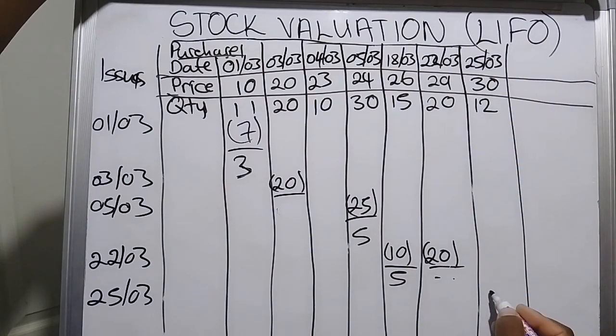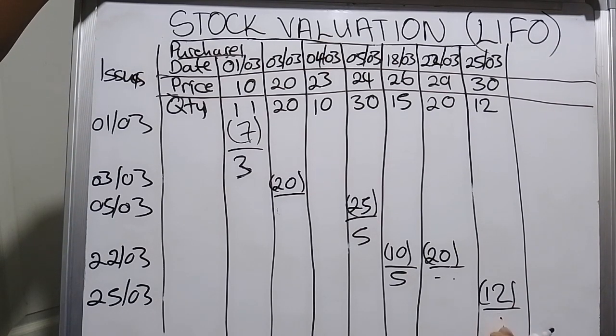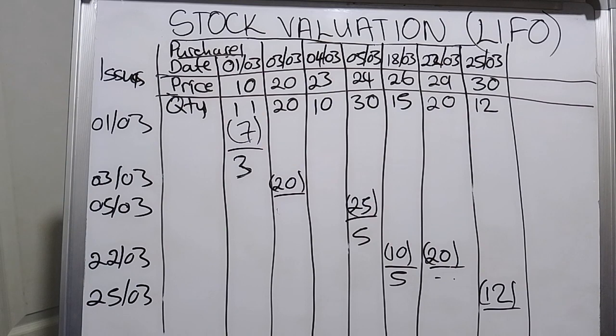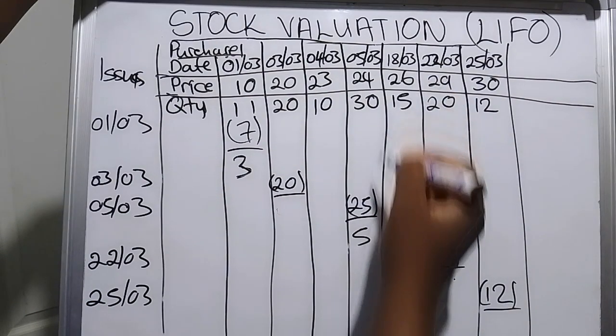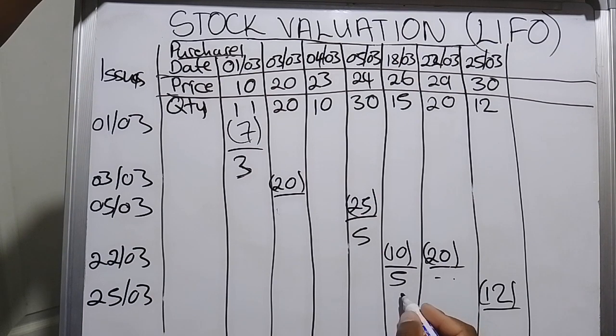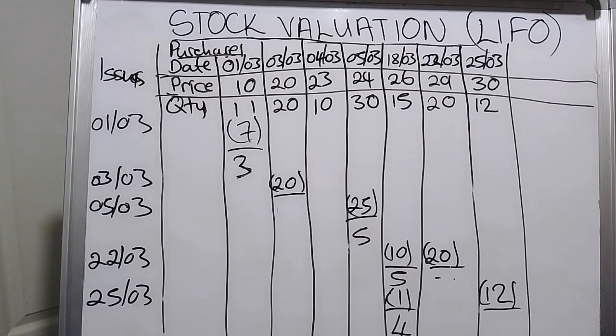So we are going to sell those 12 units and remain with nothing. Then we go to the next recent stock and try to find the remaining unit and sell it. So it's the stock of the 18th. Then we are going to deduct 1 there. Then we remain with 4. Okay, so this is it.